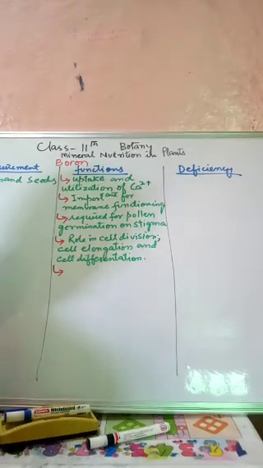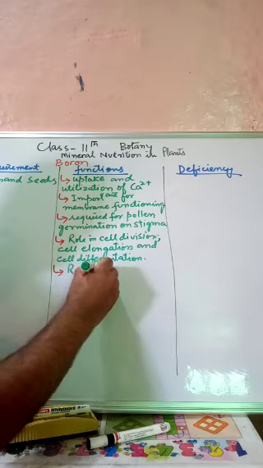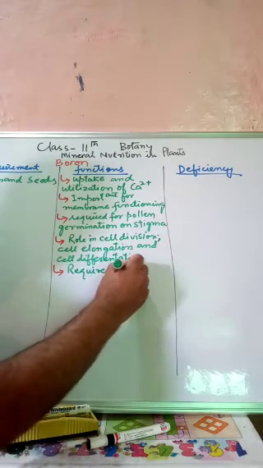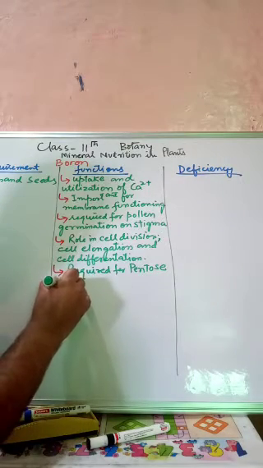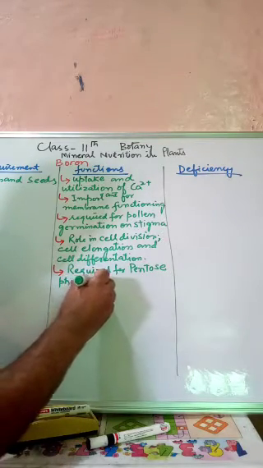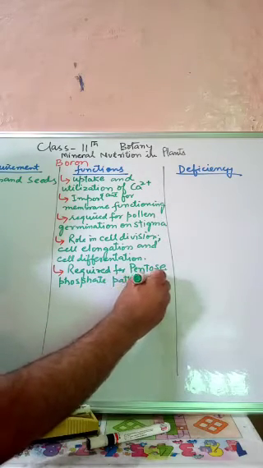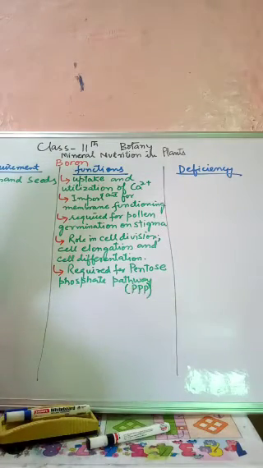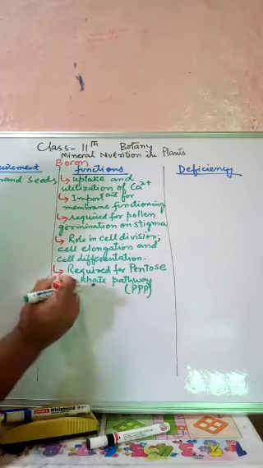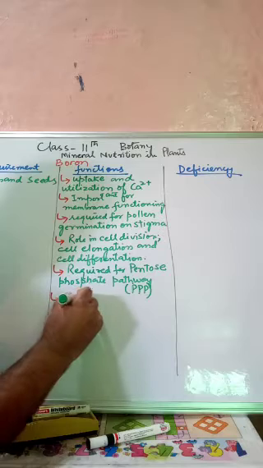One more, it is required for the pentose phosphate pathway, which can be simply written as triple P. Pentose phosphate pathway. One more we will write, it is required for regeneration of tissues.